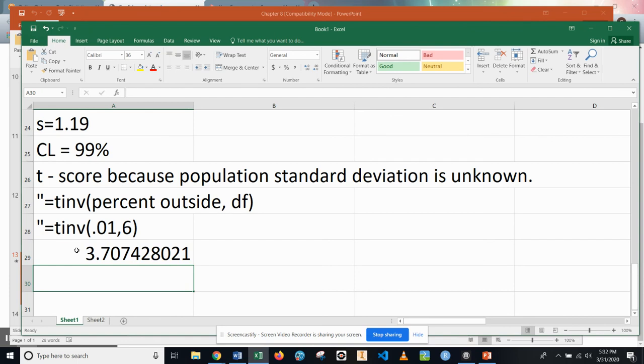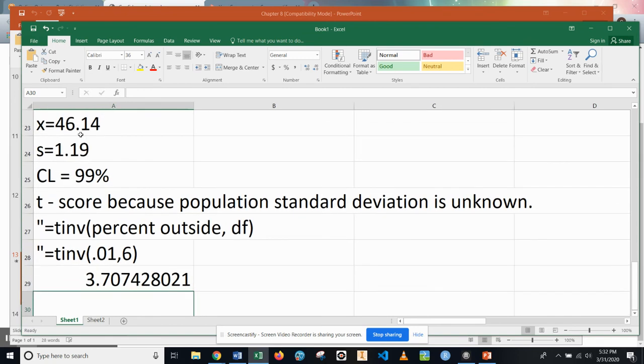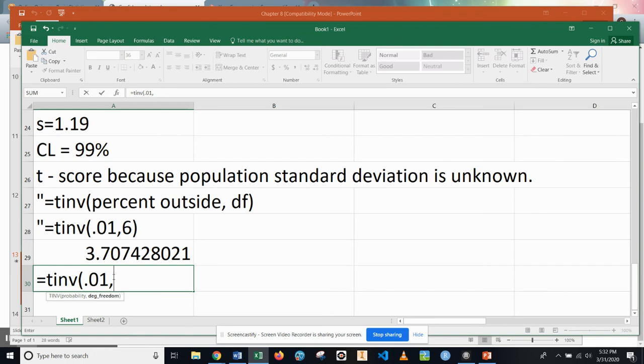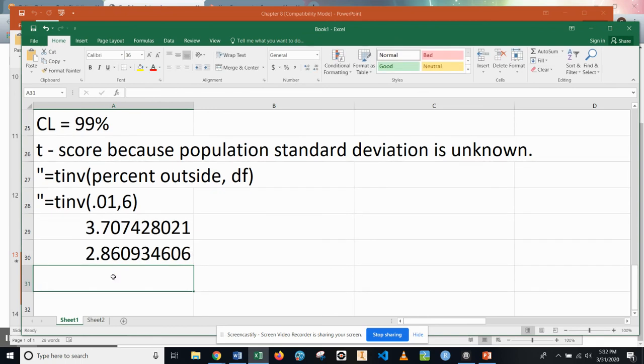Now here's the thing. If I see another 99%, if the sample size is not 7, giving me degrees of freedom of 6, this number changes. For z-scores, that's not true, because with z-scores there is one z-score distribution. T-scores have a family. So if I do a t inverse of 0.01 and change the number to 19, that would be an n of 20. The value is going to be different.